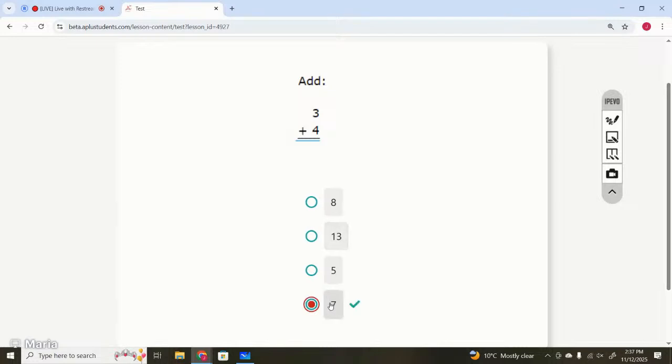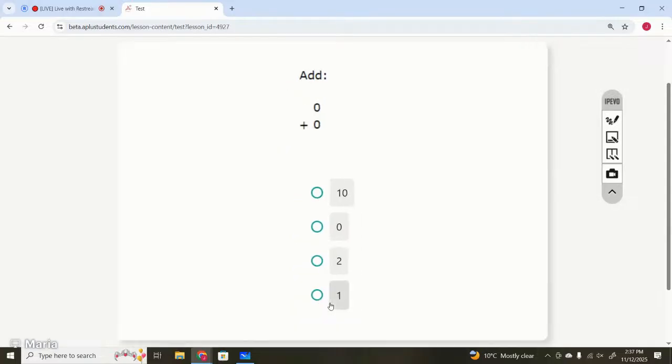The correct option is 7. Add 0 plus 0. 0 plus 0 is, yes, 0 it is.